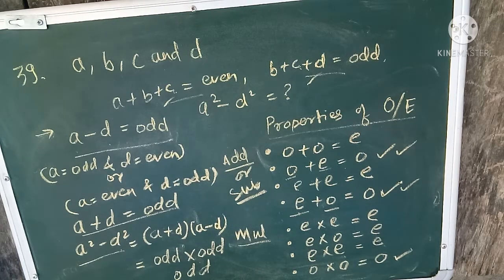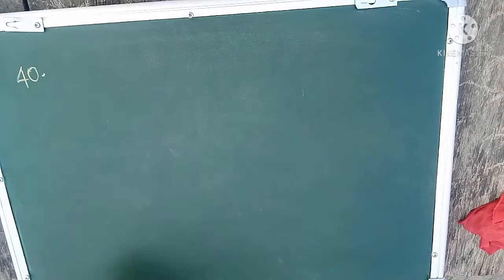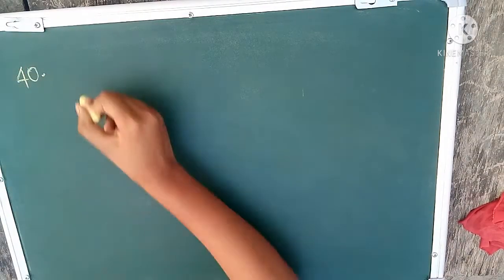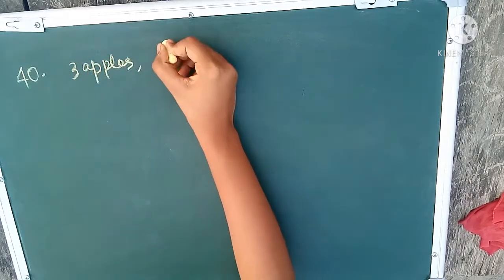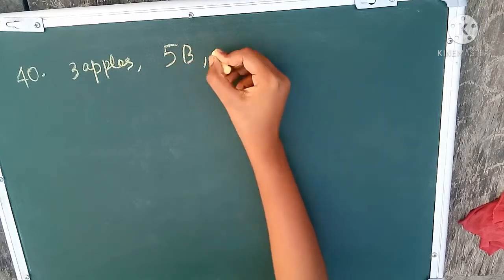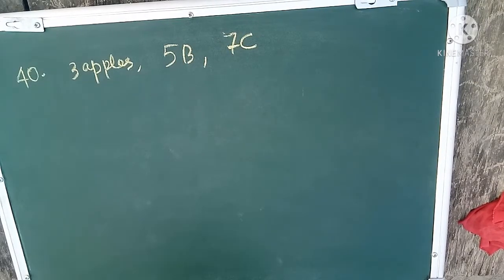The next question we have is question number 40. It says that Mukesh has bought 3 apples, 5 bananas, and 7 custard apples for a certain amount which is even. Then we need to find out the cost of apple, bananas, and custard apple separately.